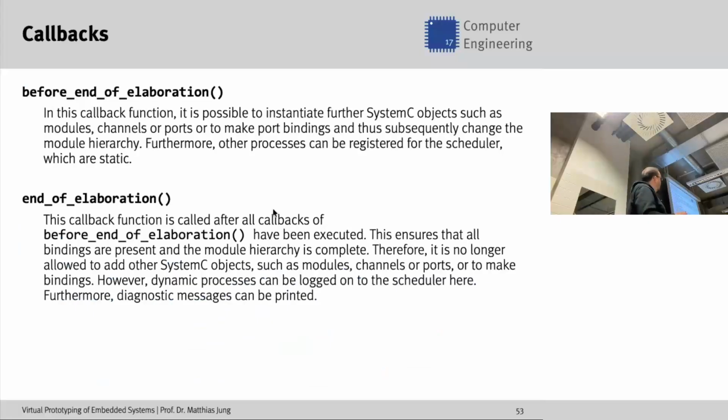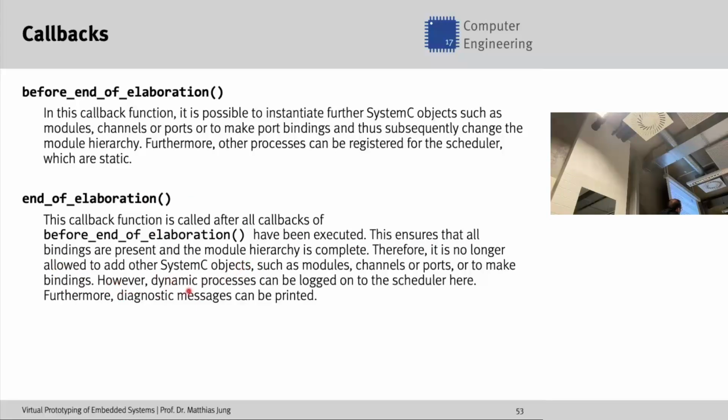And this is helpful. For example, before end of elaboration, you can instantiate further SystemC objects, modules, channels for dynamic things. At end of elaboration, when all of this has been called, you are not allowed anymore to create any more SystemC objects.